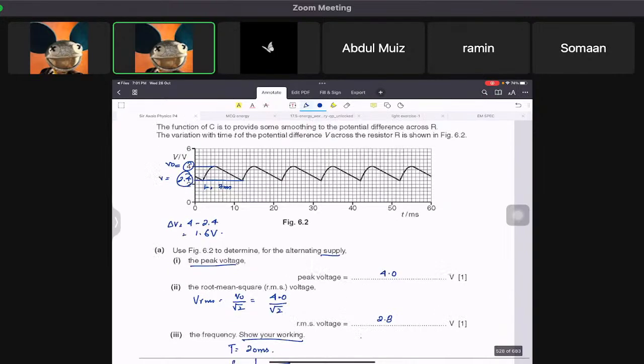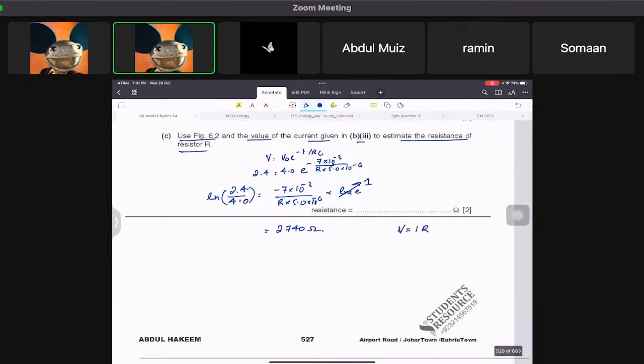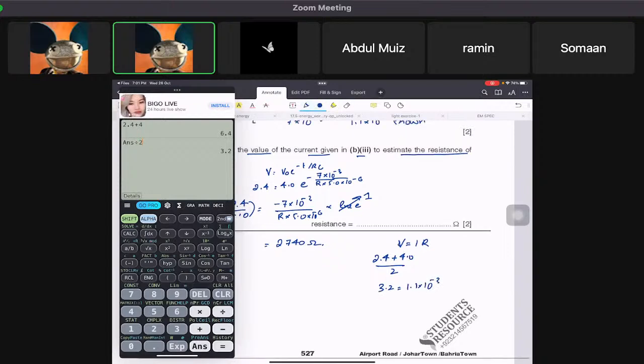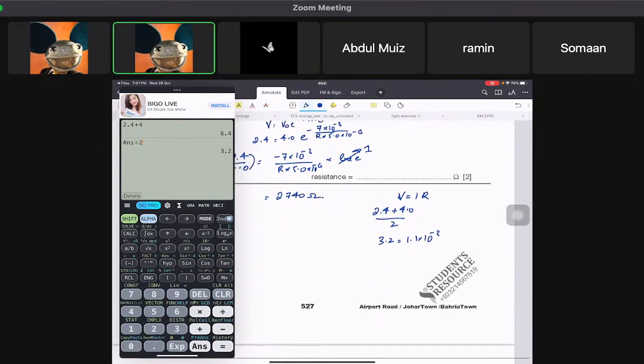So the average voltage that was decreased was 2.4 plus 4 divided by 2. What is that? 3.2. Current is 1.1 times 10 raised to minus 3, I believe, right? Times R. So you can use that too. So both methods will be accepted as long as you know what you're doing.